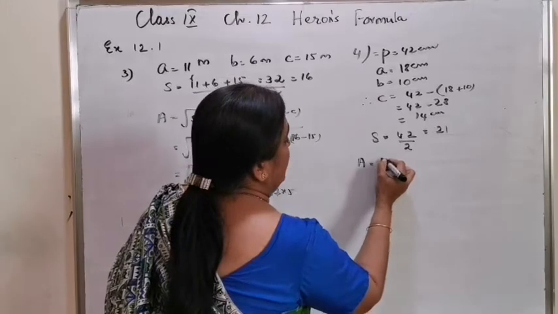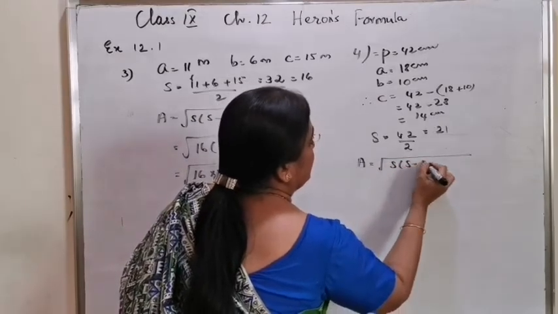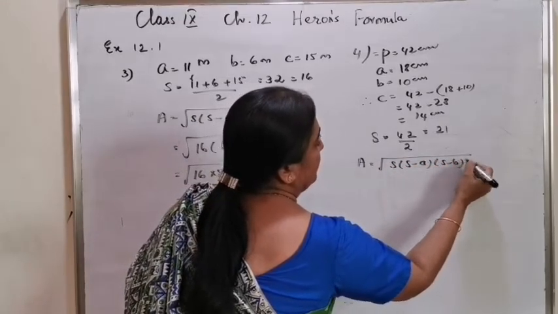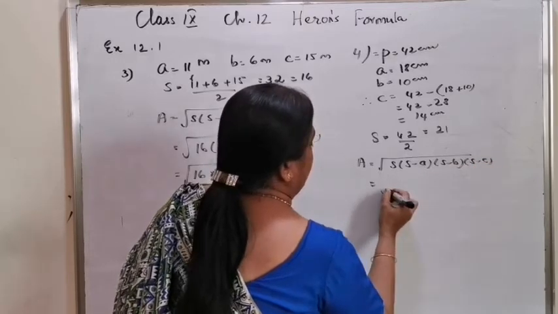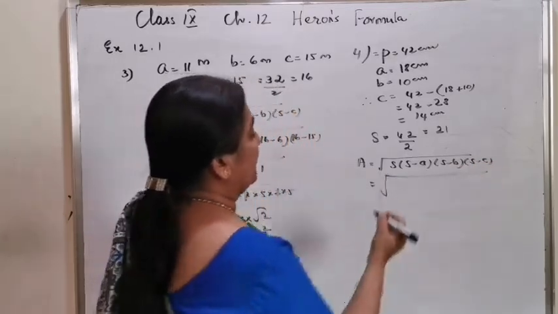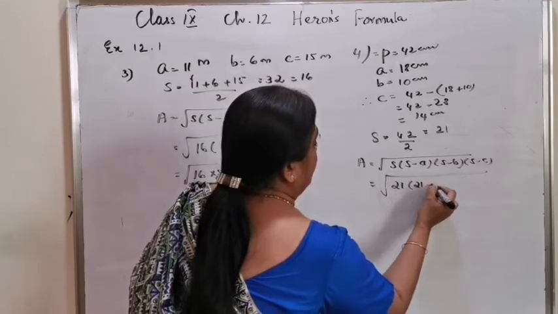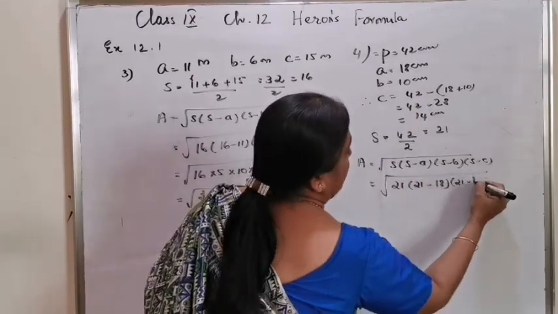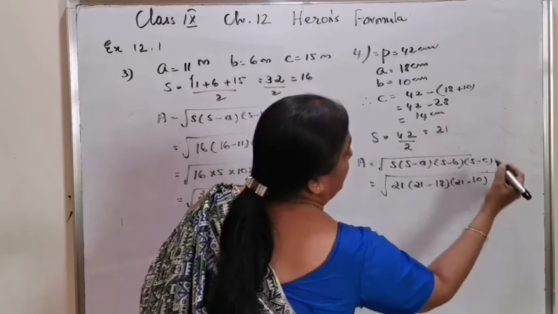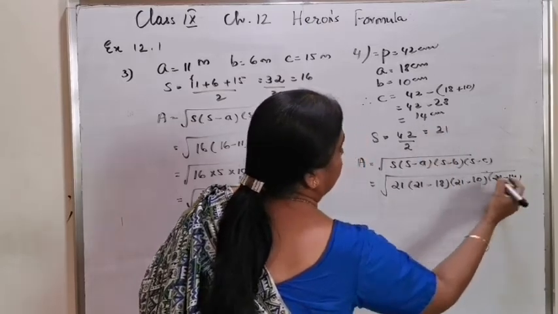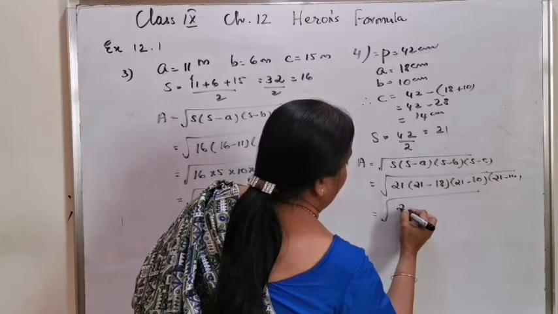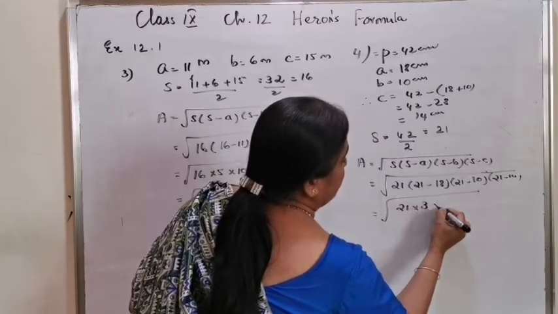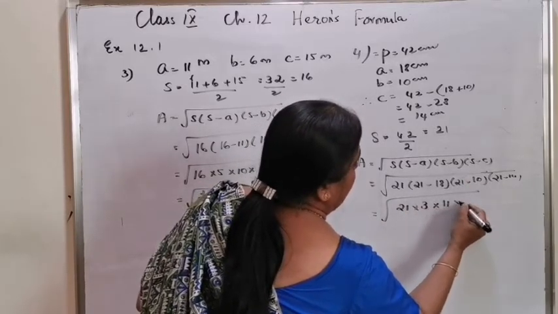Formula of area is square root of S into S minus A, S minus B, S minus C, square root of 21 into 21 minus 18, 21 minus 10, 21 minus 14. 21 minus 18 is 3. 21 minus 10 is 11.